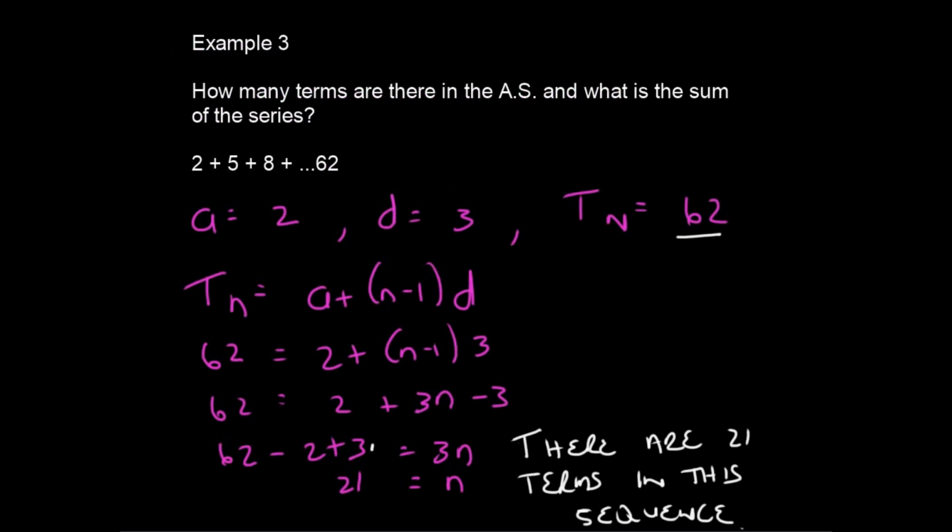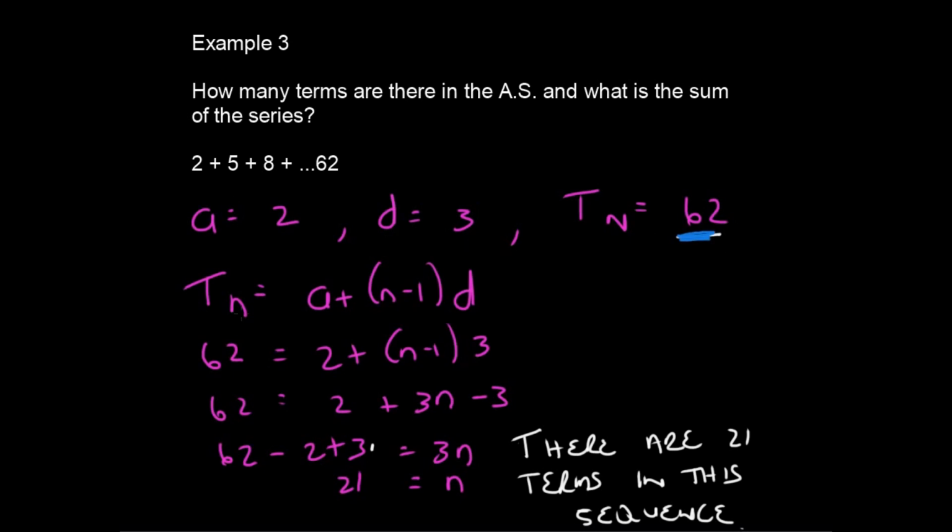Let's look at example 3. How many terms are there in the arithmetic series, and what is the sum of the series? So the series is 2, 5, 8 up until 62. Remember I told you before that when they give us the last term, that is the Tn value. So in a case like this we say a is equal to 2 and d is equal to 3.